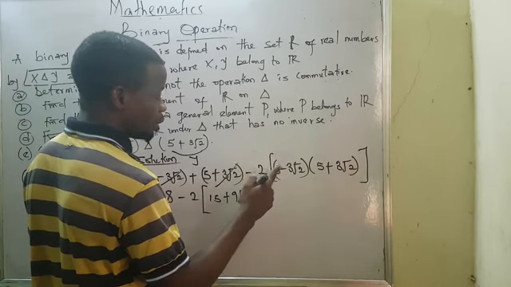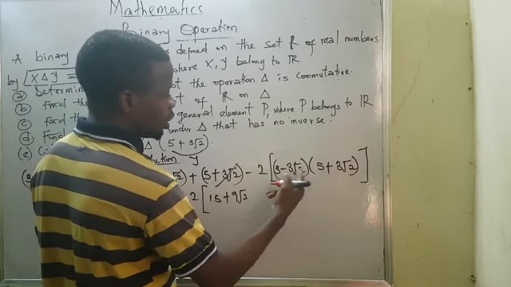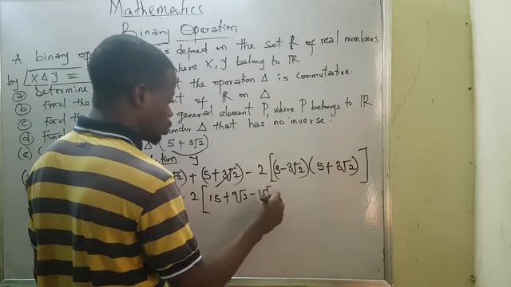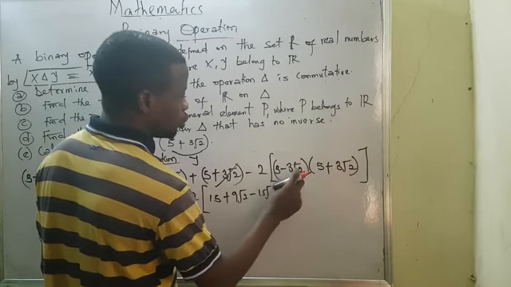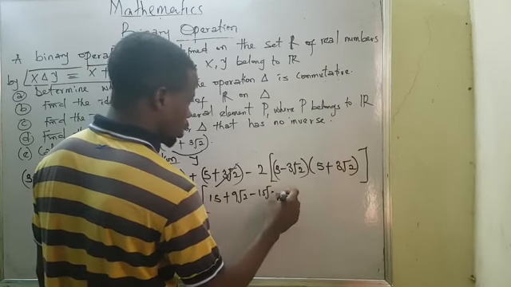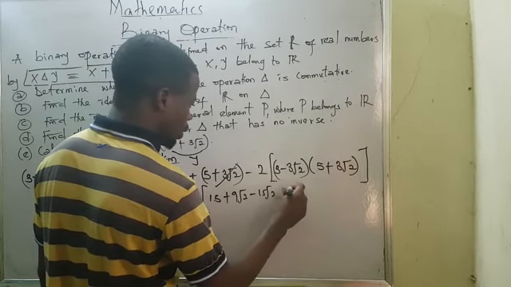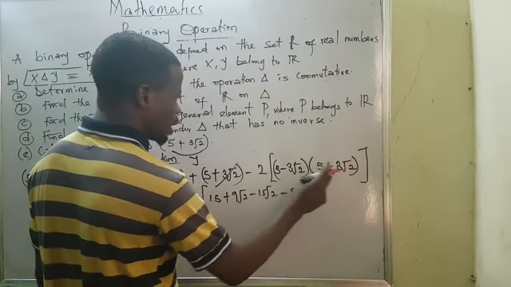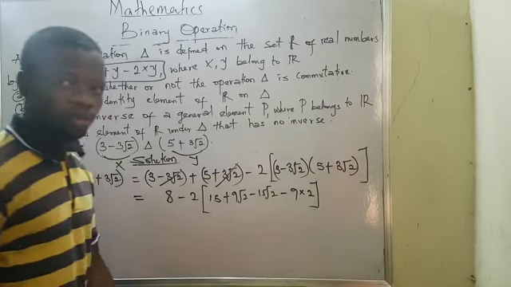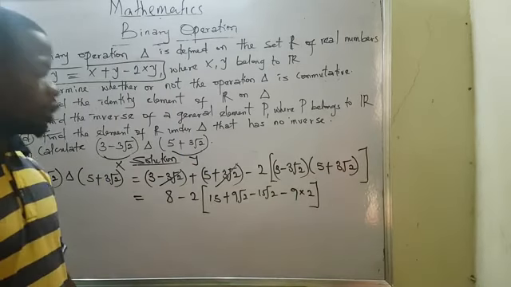Minus 3 root 2 times 5, that will be minus 15 root 2. Minus root 2 times root 2, that will be minus 9. Root 2 times root 2 is root 4, which is still 2.